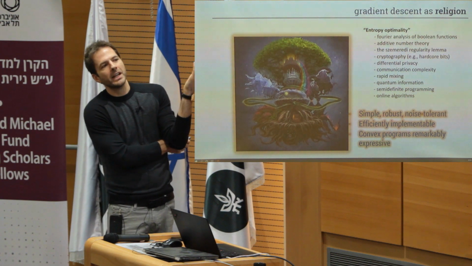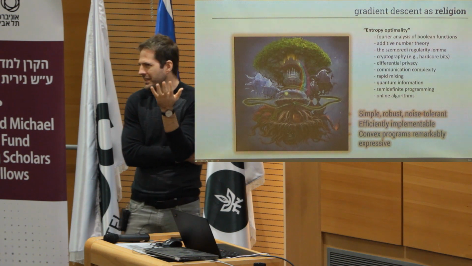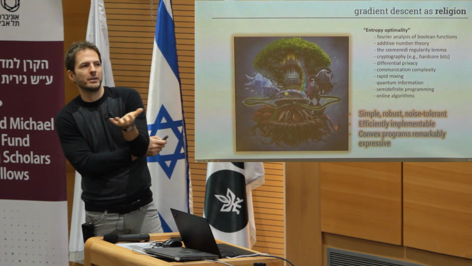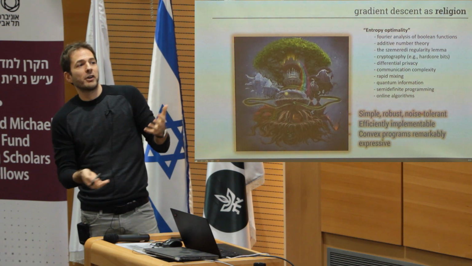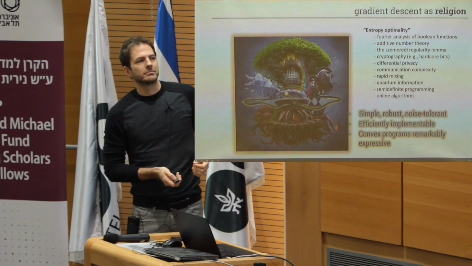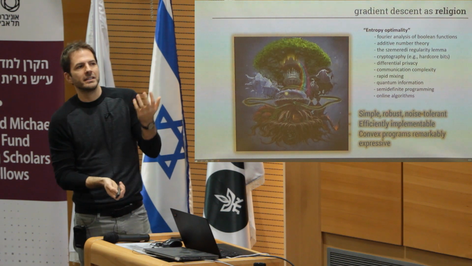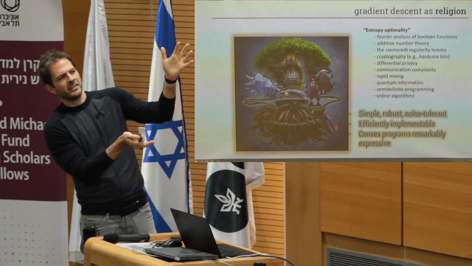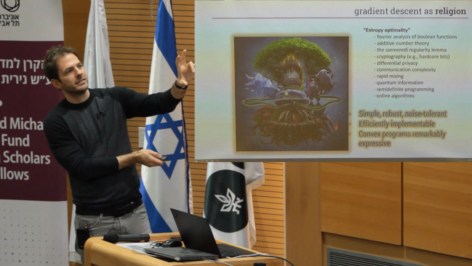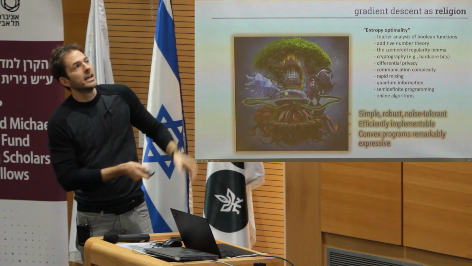If you allow yourself polynomial time reductions, you can write down any efficient algorithm. You can set up a gradient descent instance so that you can essentially simulate any polynomial time algorithm you want. But the religion is in a stronger sense than that: there's really some value in understanding things as gradient descent.